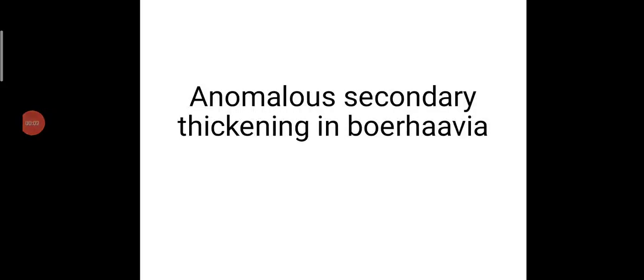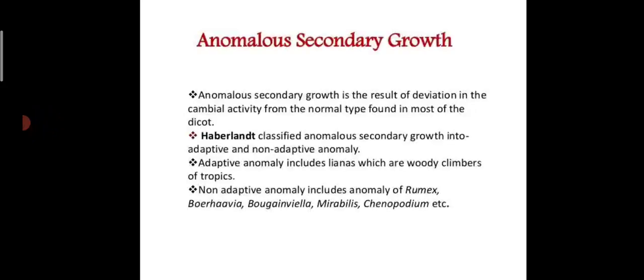Hi students, in this video we are going to discuss the last topic in our syllabus, anomalous secondary thickening in Boerhaavia. So first of all, what is anomalous secondary growth?